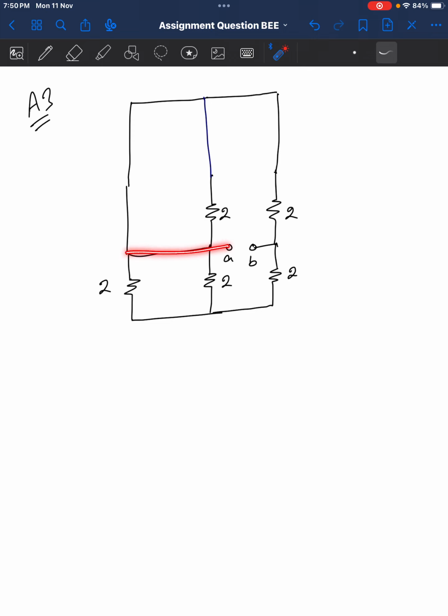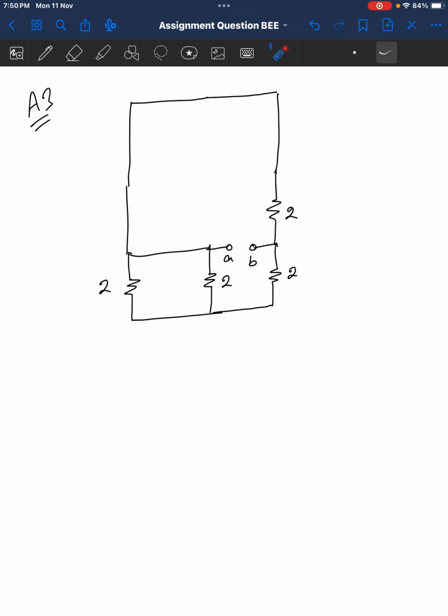Now the current can go from here and reach this. So this 2 ohm is also short circuited. If it goes through this 2 ohm and reaches here, fine, but this 2 ohm is getting short circuited by this wire. So I am going to remove this also. Okay.